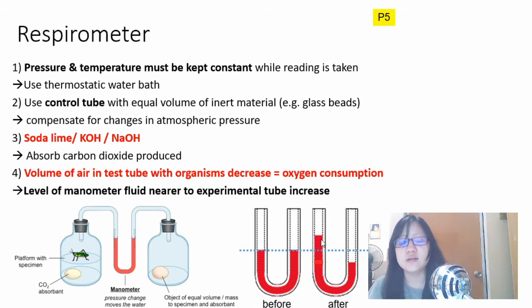But when the specimen breathes out and the carbon dioxide is given out, it is going to be absorbed by the soda lime, and therefore it will not affect the level of the manometer tube. So you can measure the volume of fluid here, calculate it a little bit, and you'll be able to find out the volume of oxygen consumed.